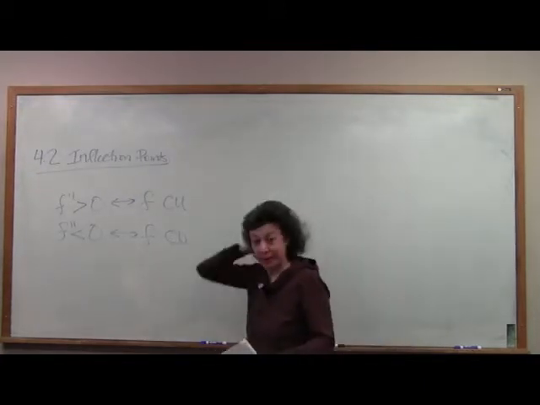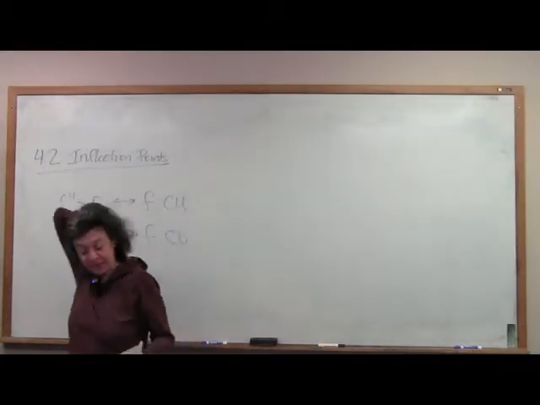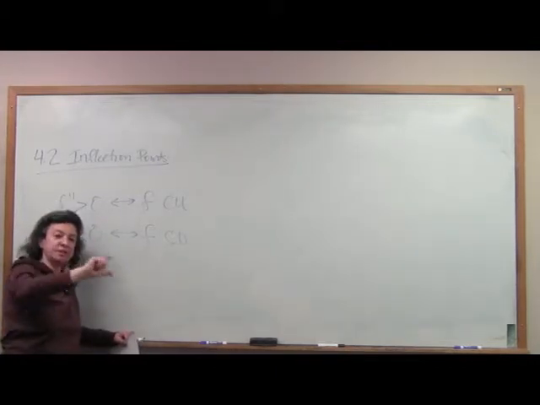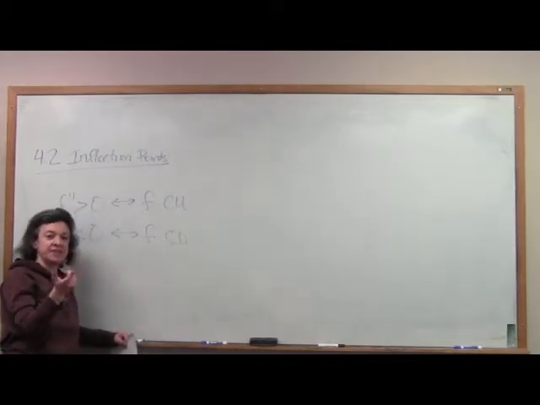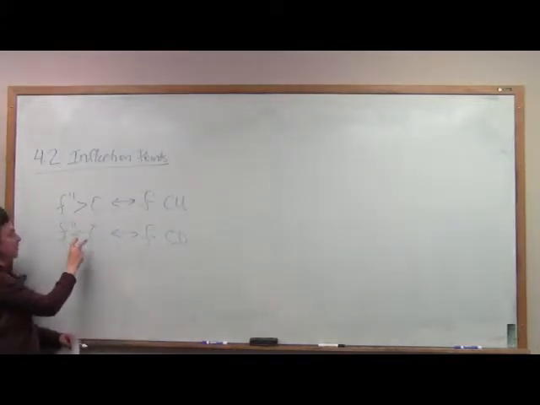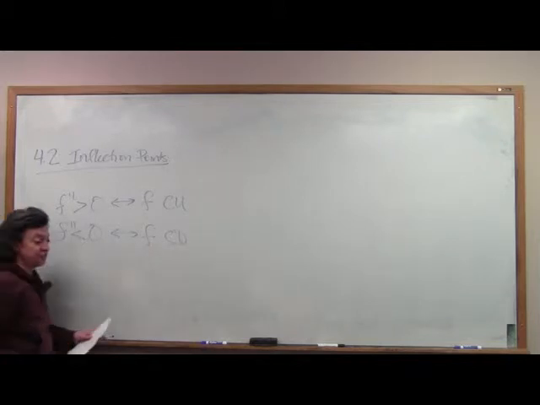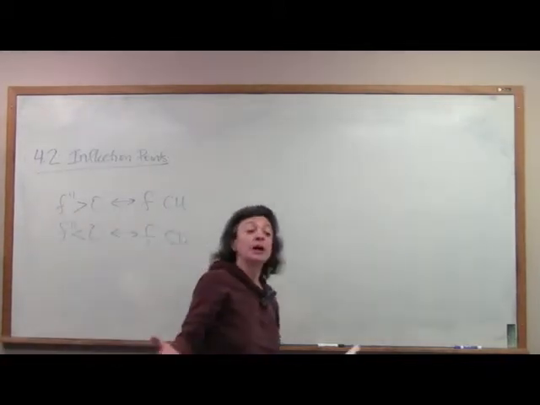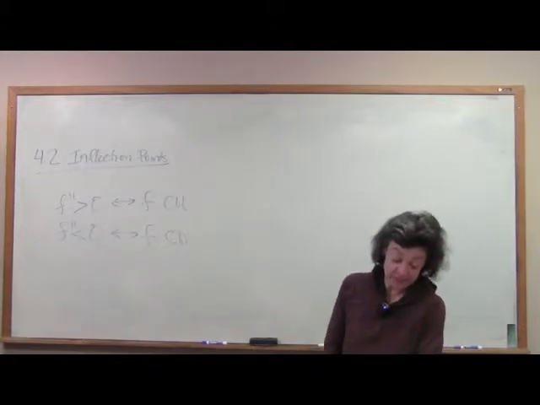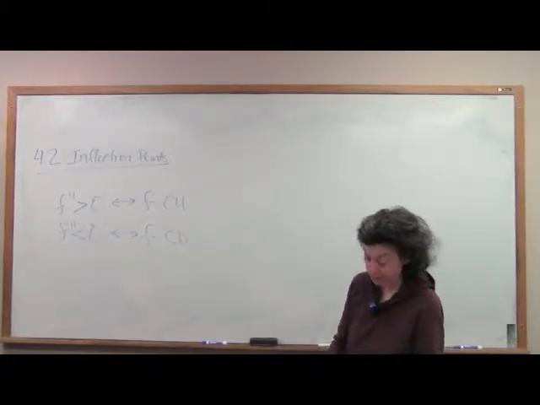Now, in a similar manner, just like our critical points were where our first derivative was equal to 0, because that's where it changed from positive to negative, negative to positive, we're talking about where our second derivative changes signs. So our inflection points we find by taking our second derivative and setting it equal to 0.